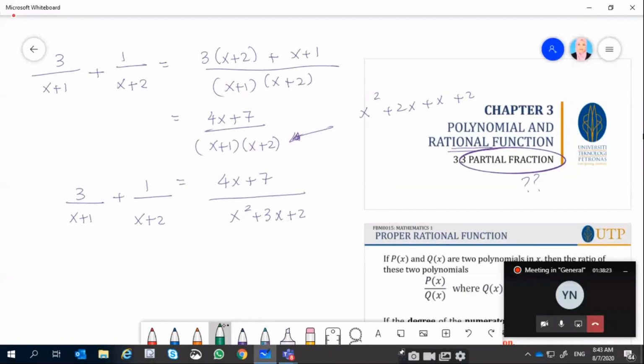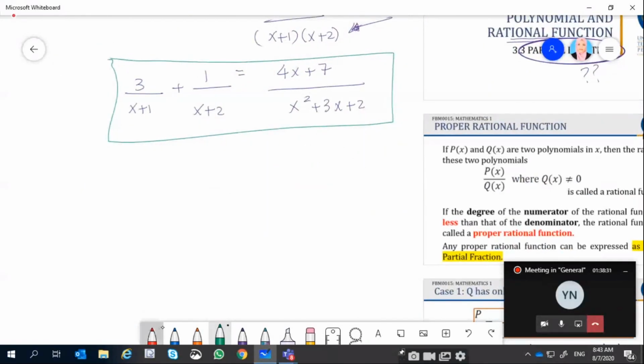So the idea for this subtopic is a reverse process. Given a single compound fraction, you have to decompose it, or express it, as a sum of 2 or more partial fractions.